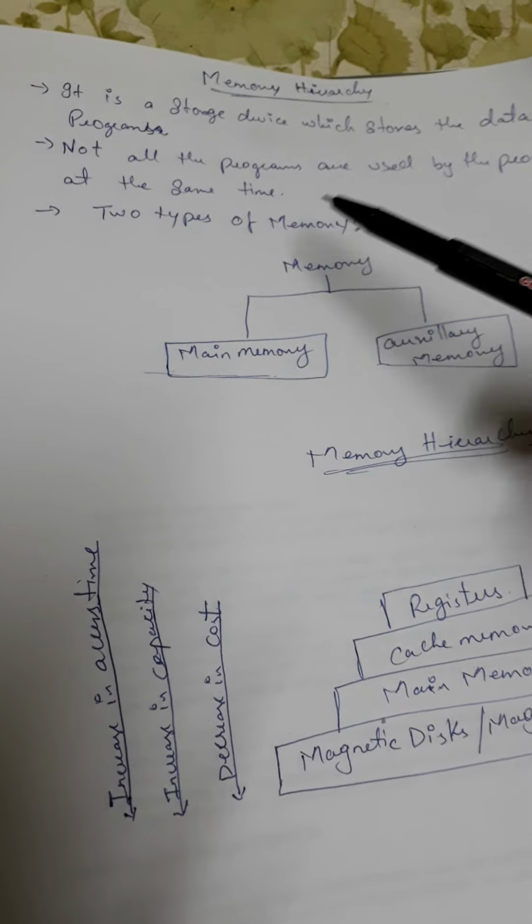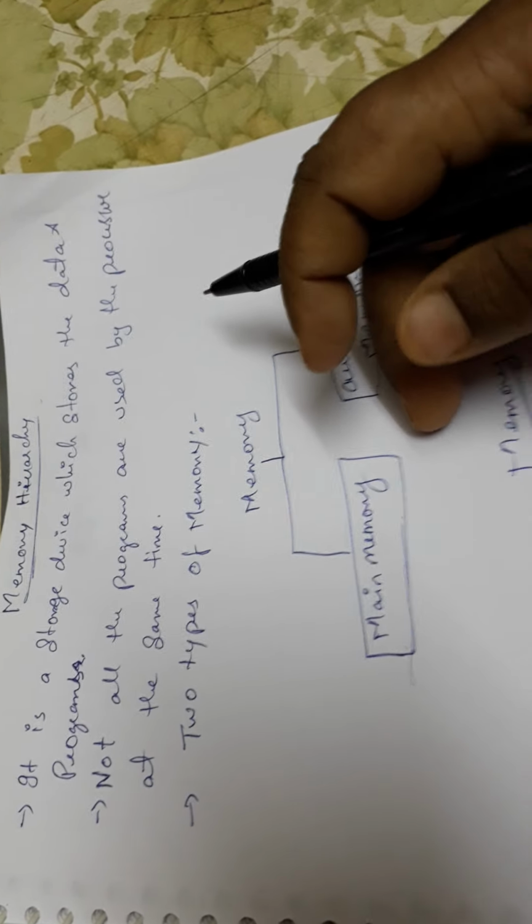It is not necessary that all the data and programs of the user are used by the processor at one point of time. Only a few data or programs are used by the processor at one point of time. So not all the programs are used by the processor at the same time.